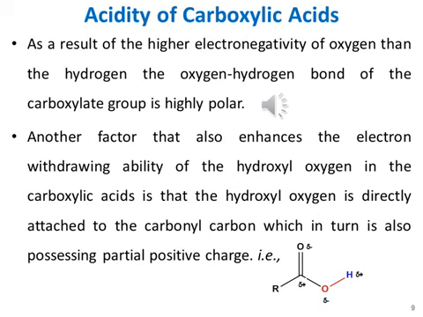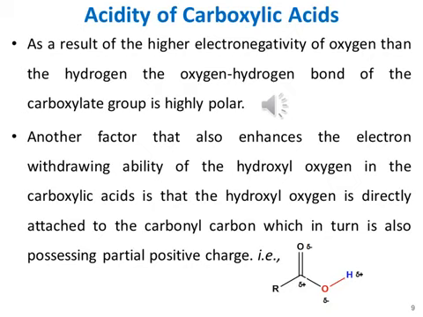Another factor that also enhances the electron withdrawing ability of the hydroxyl oxygen in the carboxylic acid is that the hydroxyl oxygen is directly attached to the carbonyl carbon, which in turn also possesses a partial positive charge. The carbonyl oxygen already has a partial negative charge, and this carbonyl carbon has the tendency to withdraw electrons from the other bonds.